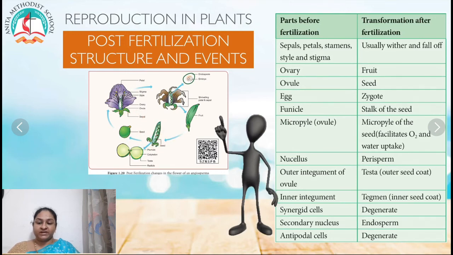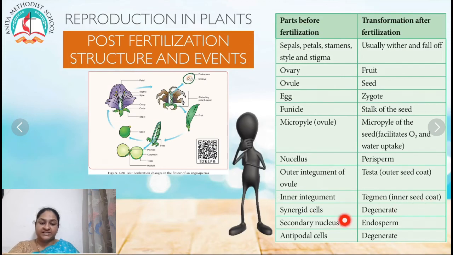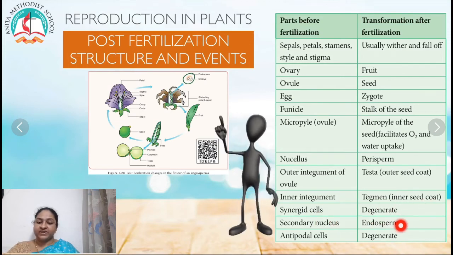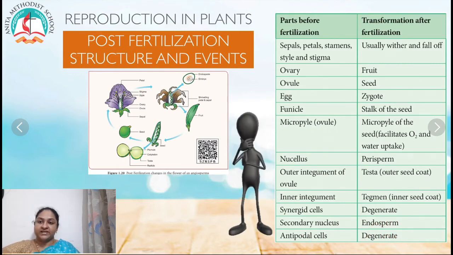The ovary is now the fruit, the ovule is the seed, the egg becomes the zygote, and the funicle is the stalk of the seed. Okay, and thus there are lots of transformations that happen after fertilization. Then we move on to post-fertilization structure and events.